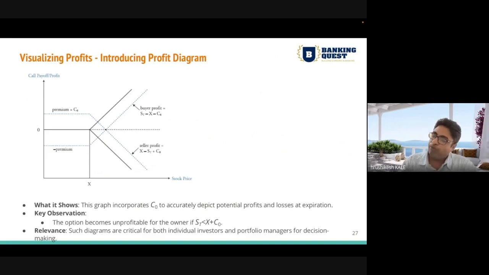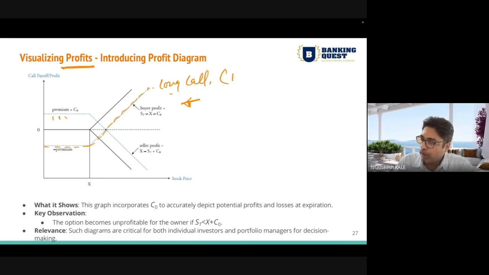Now, these are not payoff diagrams. Why? Because you are considering their profit diagrams. So this is a diagram for long call considering premium. This is a diagram for long call without considering the premium. This is a diagram for short call without considering premium.